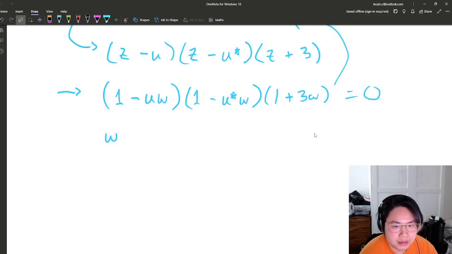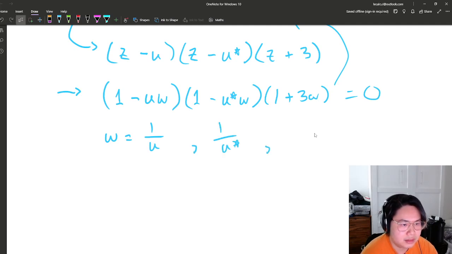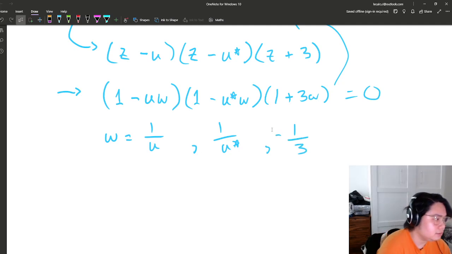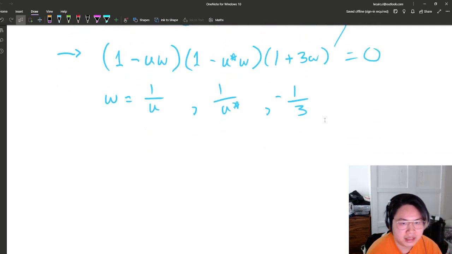So that means that w is 1 divided by u, 1 divided by the conjugate of u, and negative 1 over 3. Okay, and then we already know what u is. Because I'm dividing, I'm going to keep it in modulus argument form.